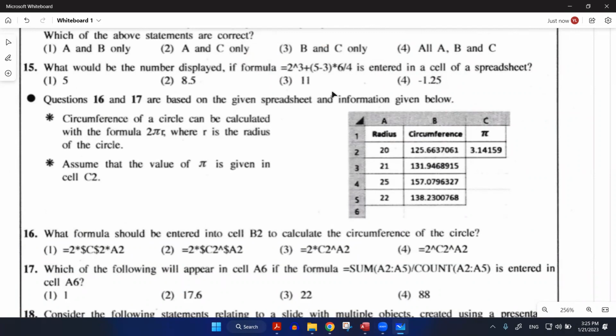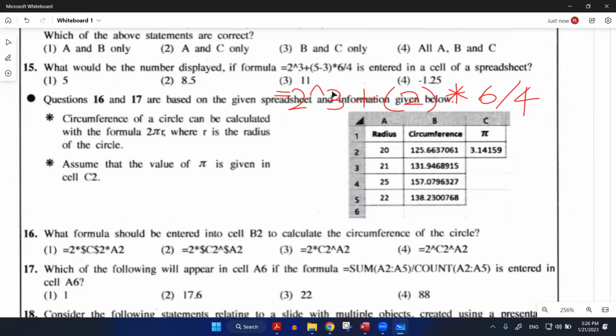The highest priority is given to the brackets. So it behaves like this: equals 2 to the power 3 plus, 5 minus 3 happens, that means 2 into 6 divided by 4.